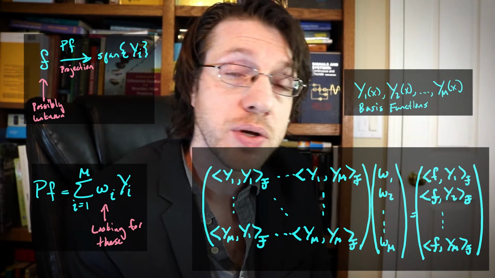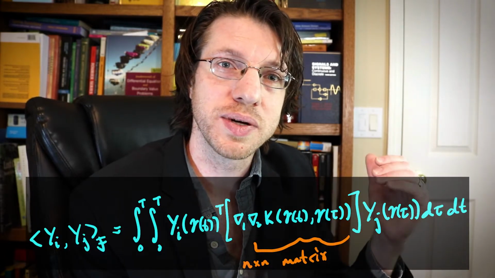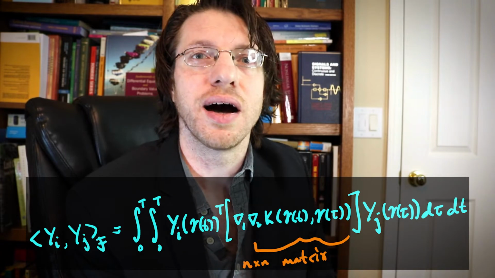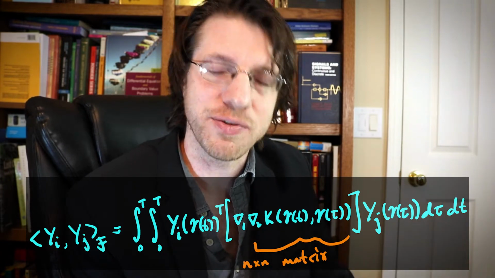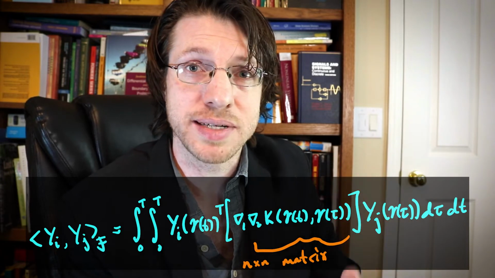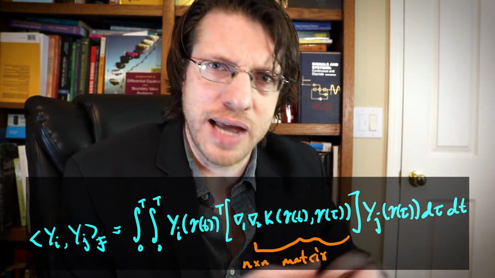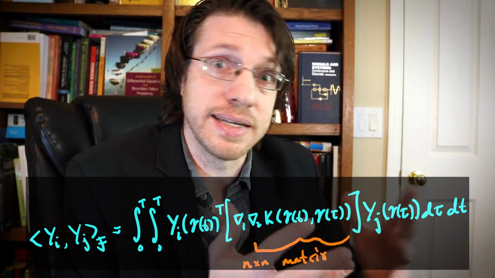Now, to compute these pairwise inner products, it ends up being a double integral of the gradient with respect to the first variable of the gradient with respect to the second variable of our kernel function at gamma(t), gamma(tau), of y_i of gamma(t) and y_j of gamma(tau), and we're integrating this dt d tau.